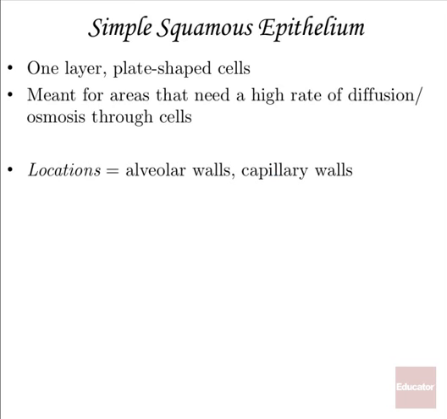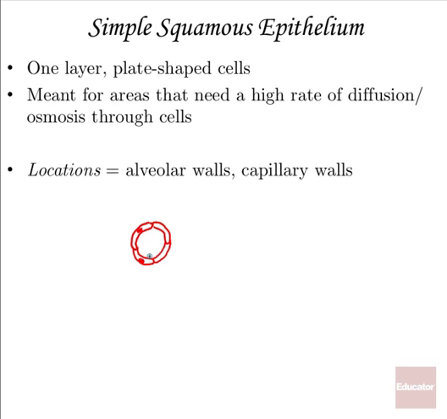Let's see. Here's a good picture of how they look. So let's say we were to take a capillary, which is the tiniest blood vessel type in the human body. And if we were to cut that capillary down the middle, because it's a tube, let's say we cut it and we could look down it with a microscope, the walls would be one cell thick, simple, and squamous, because if you looked from the outside of it, you would see all these disc-like cells that make up these right here.